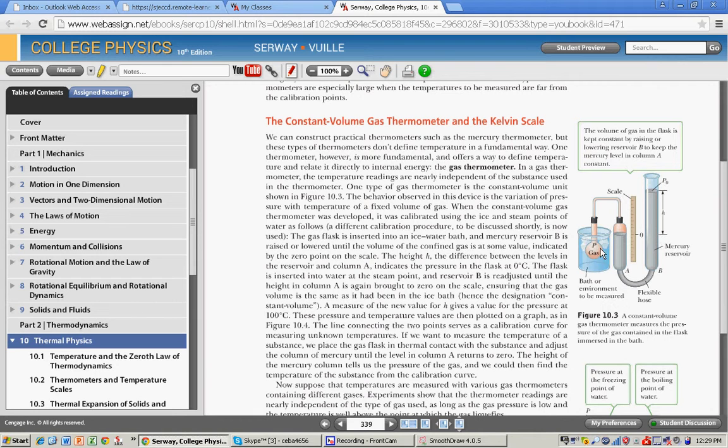So we can associate the pressure of this gas to this level, and we mark this h as a way to establish that pressure at 0 temperature. So what do you do next?